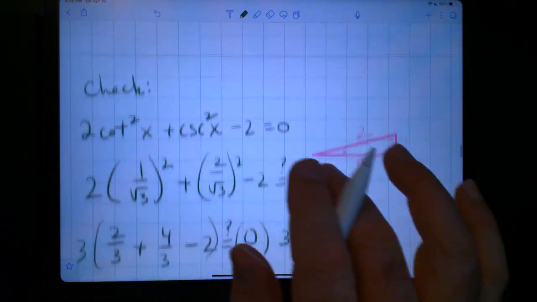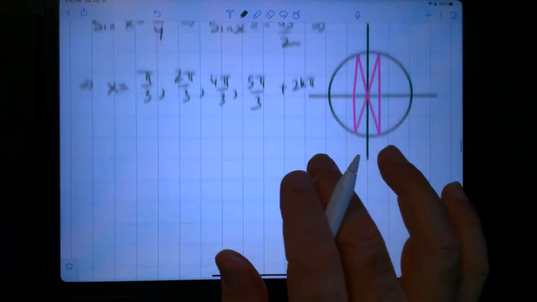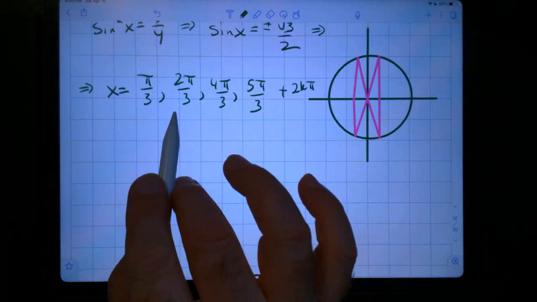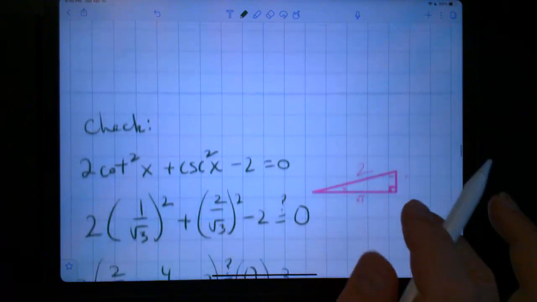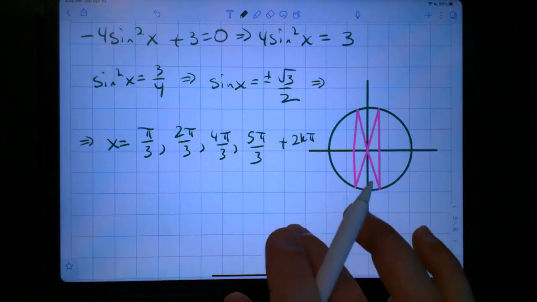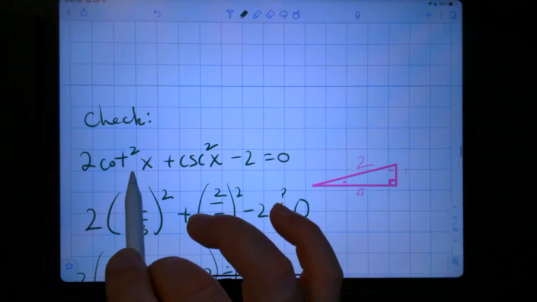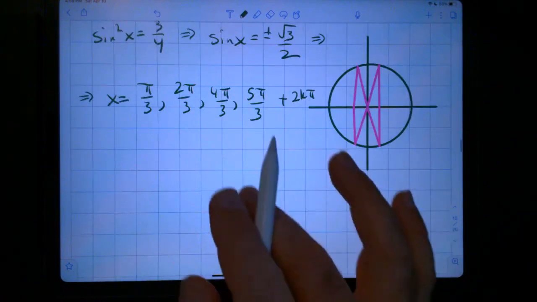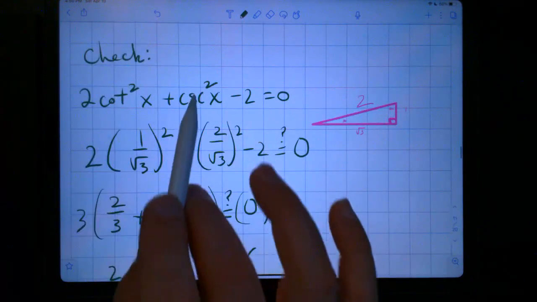2 pi over 3. 2 pi over 3 is going to give us the same reference angle. 4 pi over 3 will be the negative component. When you square the negative, you get positive. 5 pi over 3 the same. When you square it, you get positive.